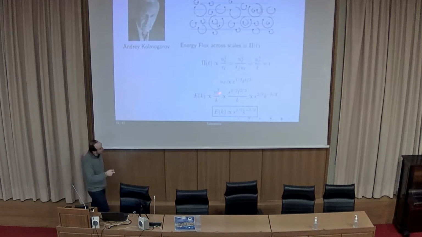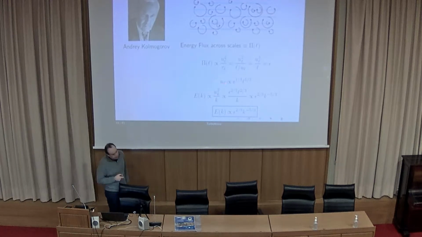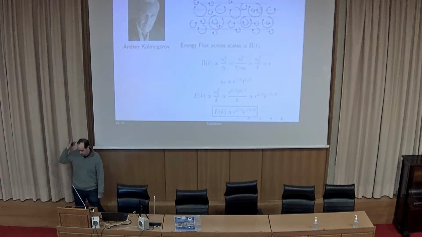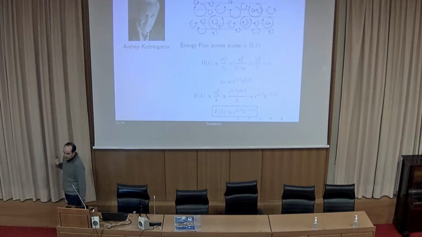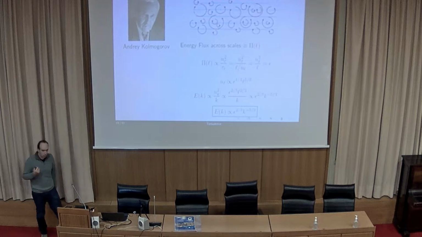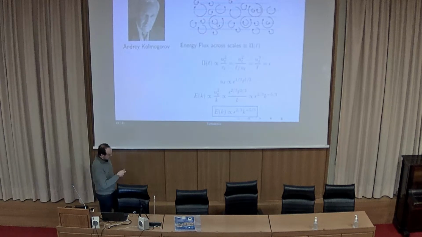Now if you plug that into the energy spectrum, which is energy per unit wave number, that should be U squared divided by k. k is 1 over L. You plug it in, you end up with a spectrum that is k to the -5/3. That's the famous Kolmogorov spectrum.